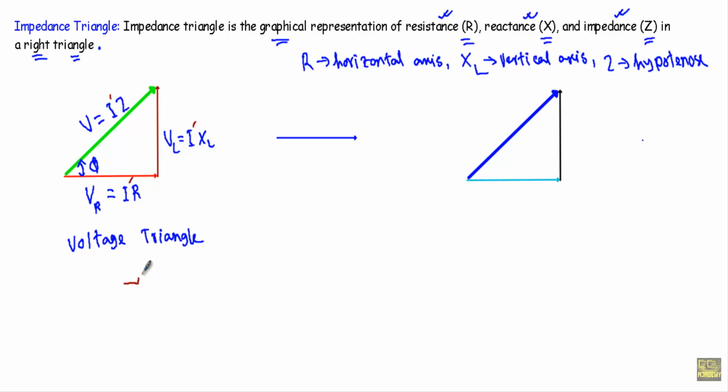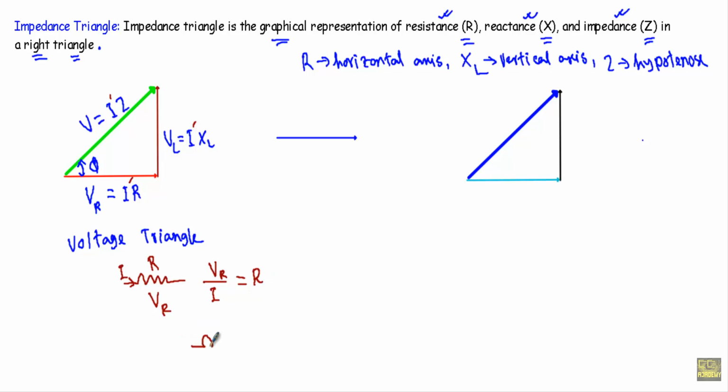If we have a resistor, let's say R, the voltage across that resistor is VR and the current through that resistor is I. If I take the ratio of voltage across that resistor and the current through that resistor, I will get the value of that resistor. Simple Ohm's law.